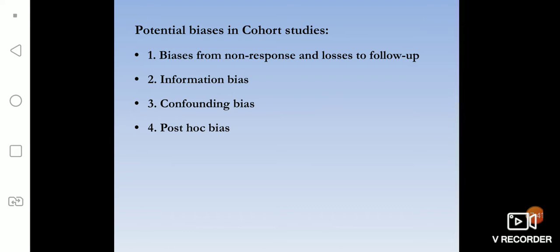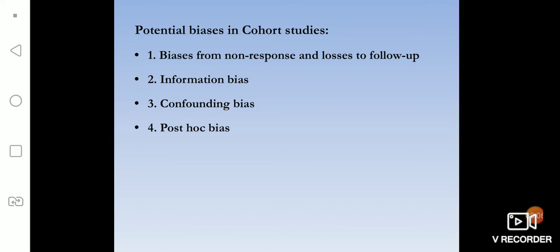When people lose interest or are not available for follow-up to get information, then definitely you lose the information that is to be gathered from those people because they are not participating. That is the reason for loss of follow-up. This bias can happen.